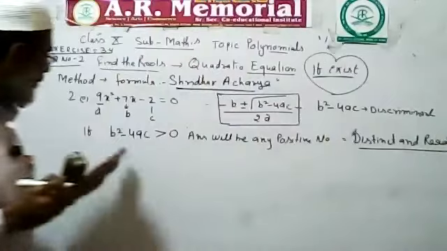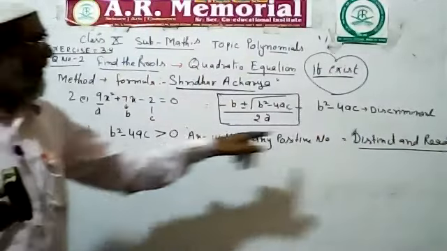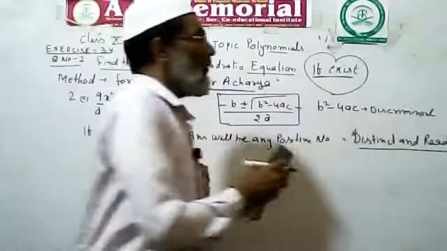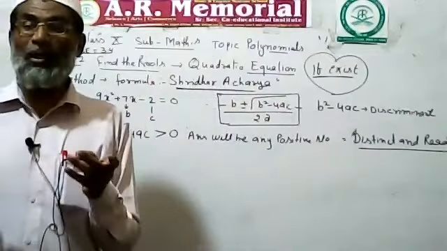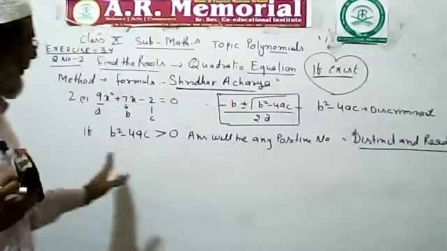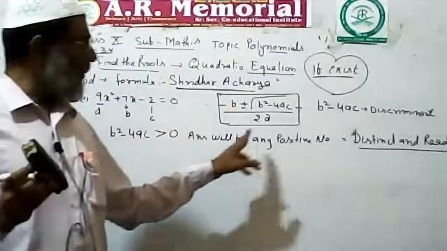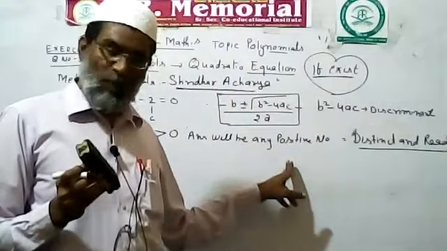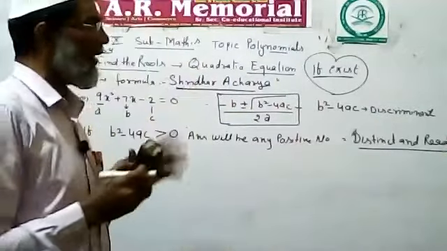If we solve b square minus 4ac, the name of this is the discriminant. We solve the discriminant and find any positive number, 1, 2, 3, 7 upon 2, anything, but it should be positive. At that time our decision is: greater than 0, the answer is a positive number, and distinct and real roots exist.